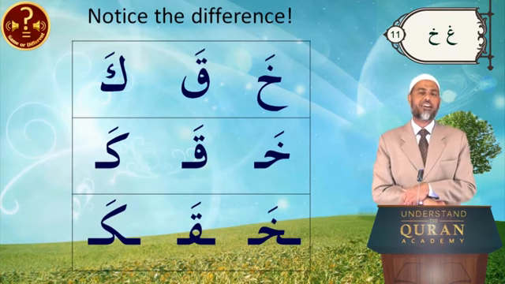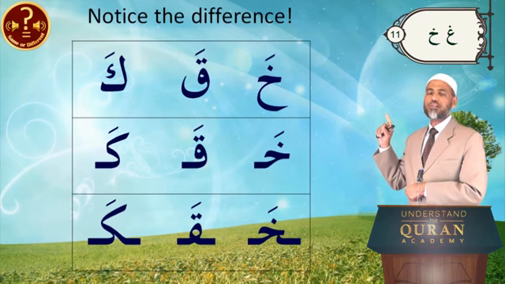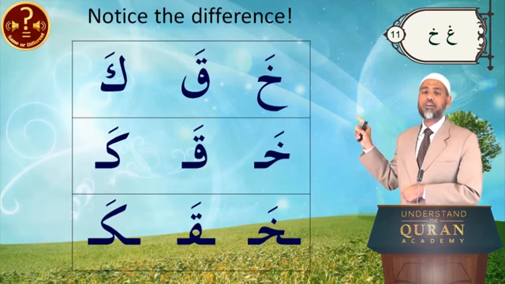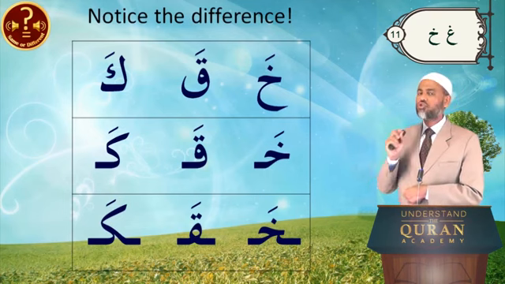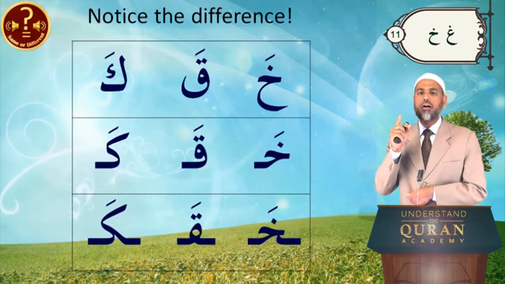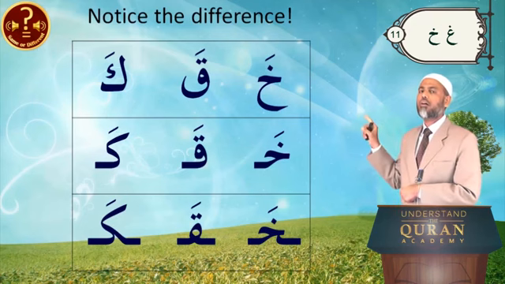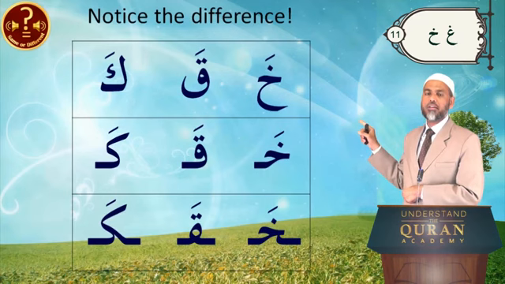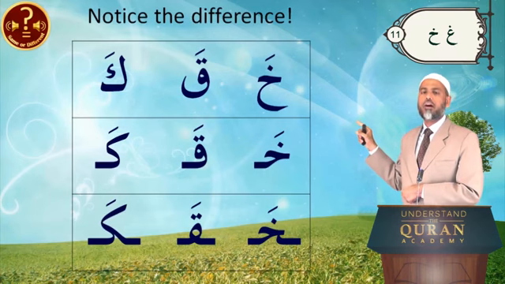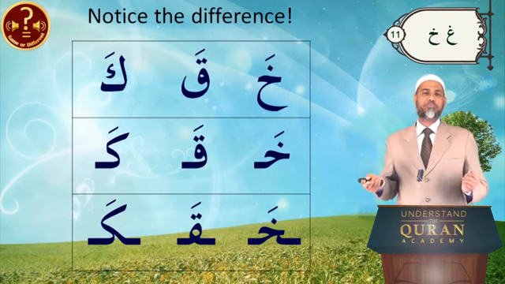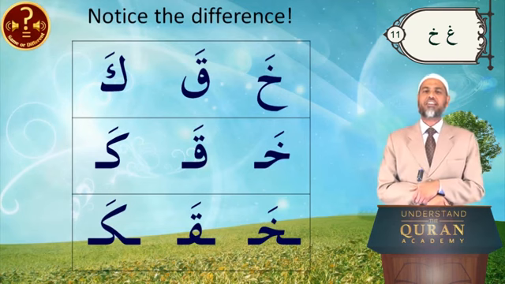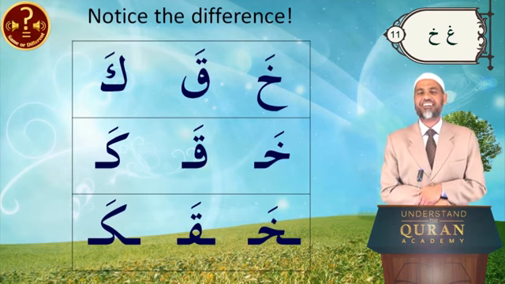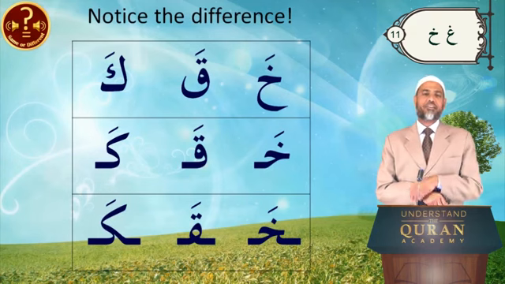First one is Kha, second one is Qa. The middle one is Qa from Quran. It's not Kuran, it is Qa. People from my city, Hyderabad, say it wrongly. Okay, that's not right.